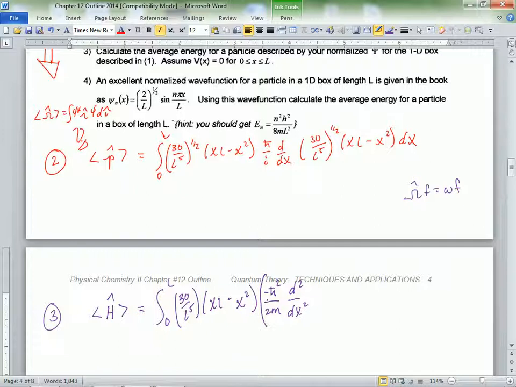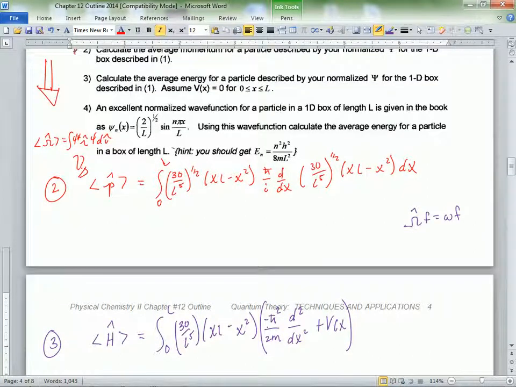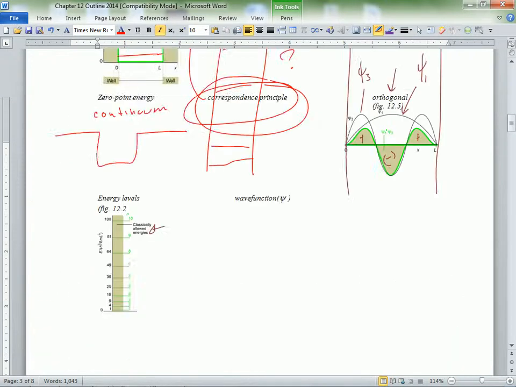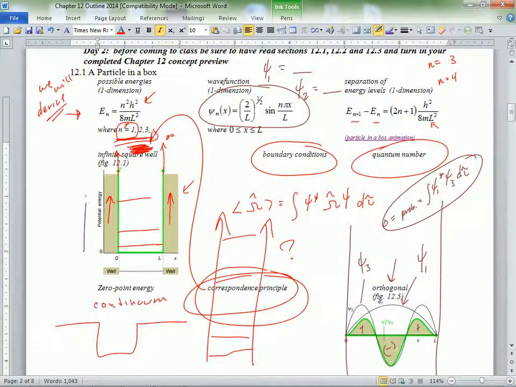Now I think, though, it said that this v of x is what? 0. Now, do you see that? That's how these boxes are, because this is v. And when you're inside the box, v is 0. All right, so that's what we've been doing. So v is which energy? Not kinetic, but potential.